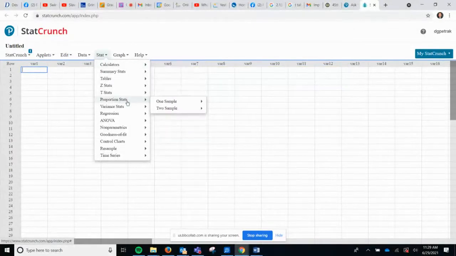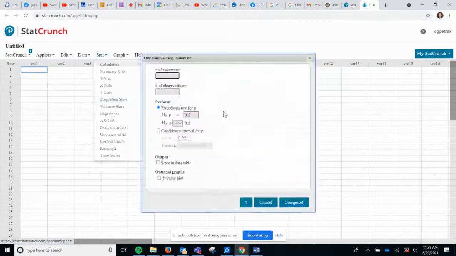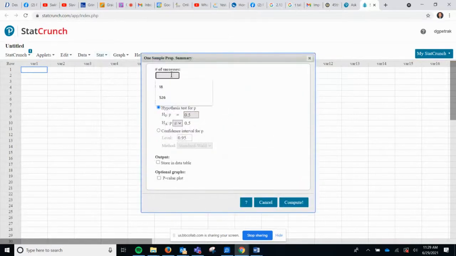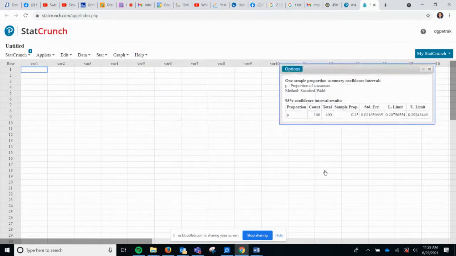I'll just do proportions, one sample with summary. All right. So let's say it was 100 out of 400. Observations 400. Cool. And make a 95% confidence interval and compute. There it is. So there would be your 95% confidence interval for the true proportion.